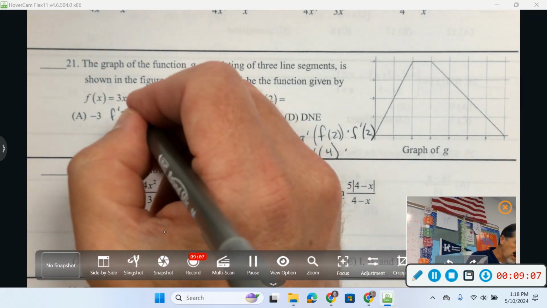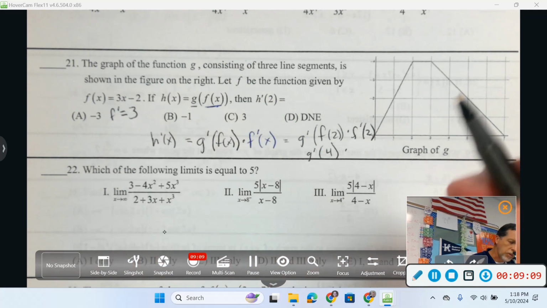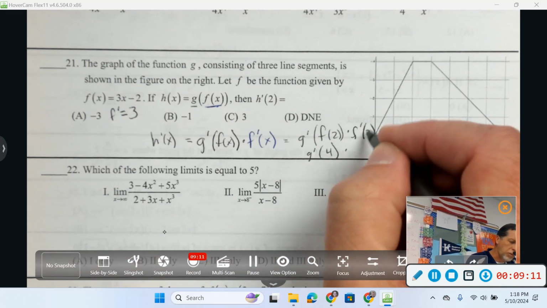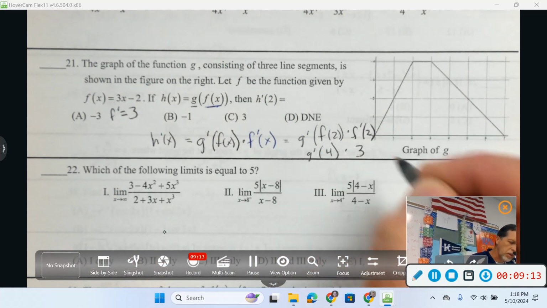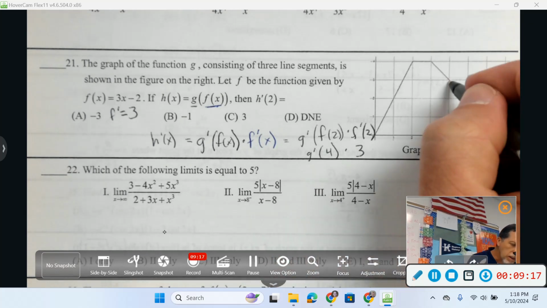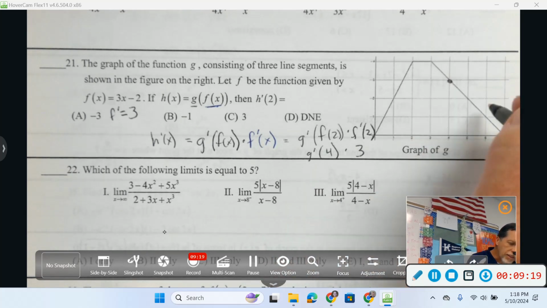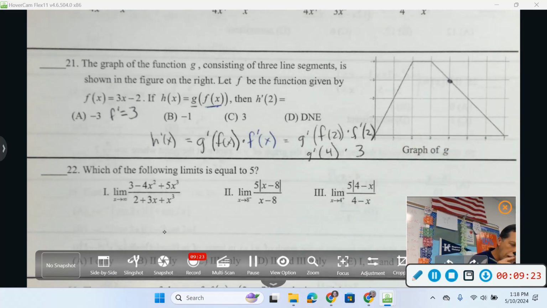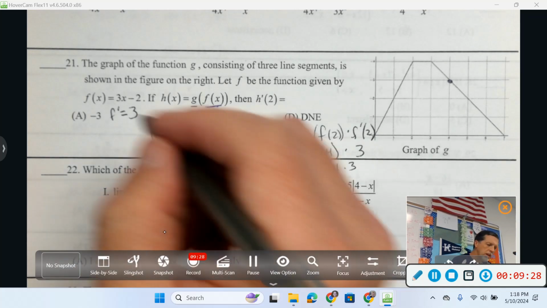That's 3. In fact, always 3. So f prime at 2 is the same as f prime anywhere else. 3. And then g prime at 4, right there, that's the slope of g at 4, so that's negative 1. So negative 1 times 3 would be negative 3.